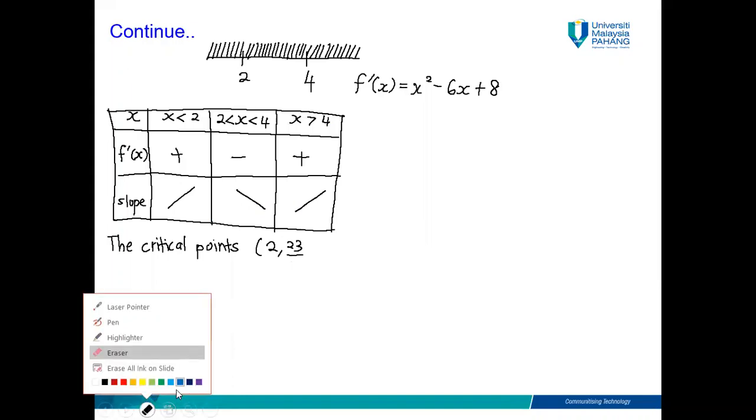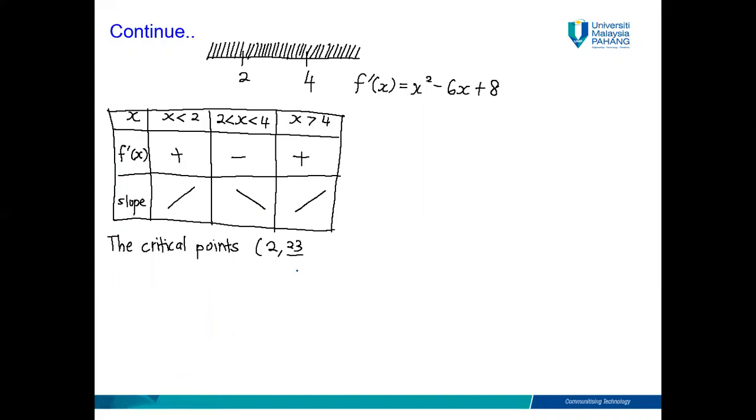The critical point 23 over 3: if you look here, increasing then decreasing is a maximum point.